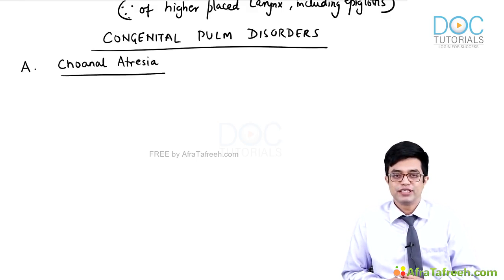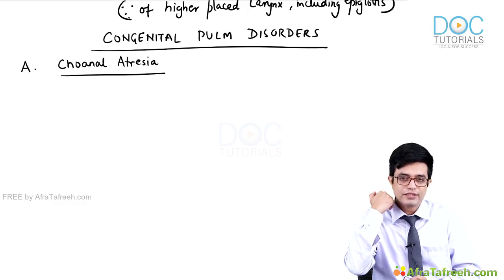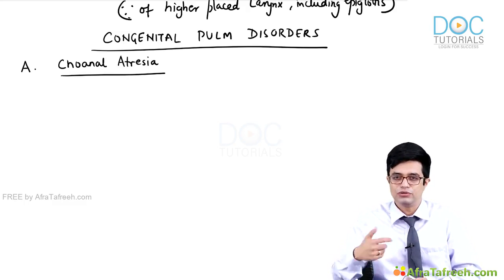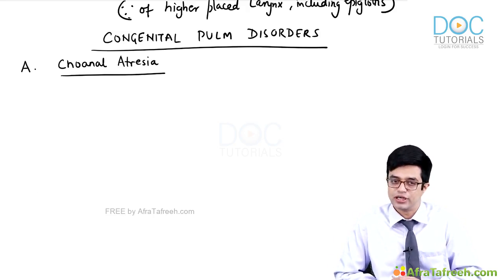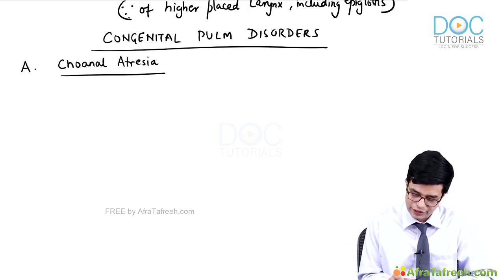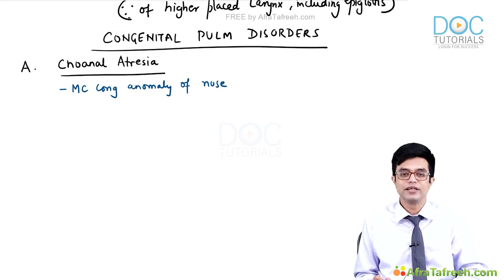Whenever there is atresia, there is absence of lumen formation. Air cannot move from the external nares to the back of the airway and hence into the lower respiratory tract. That condition is called choanal atresia. The first thing that you need to remember is that it is the most common congenital anomaly of the nose. What exactly is choanal atresia?